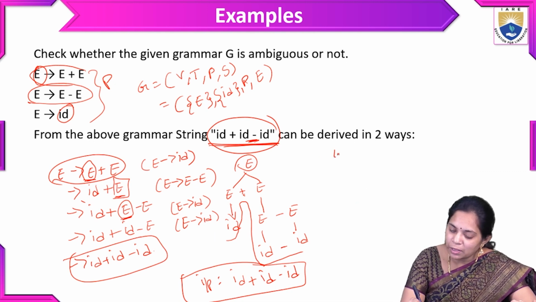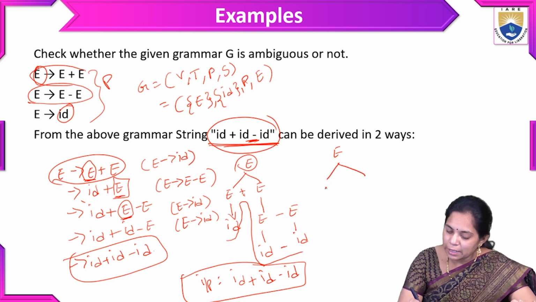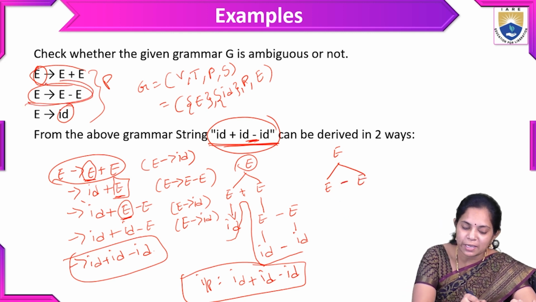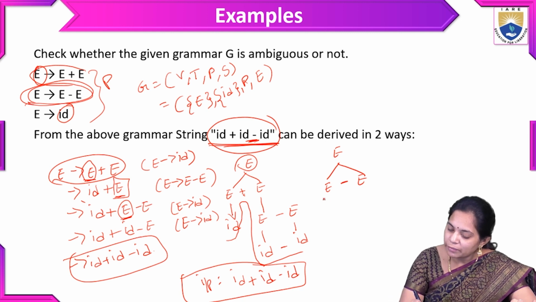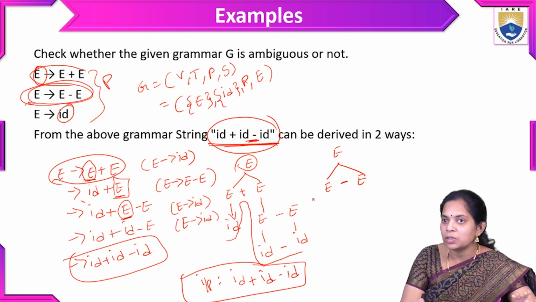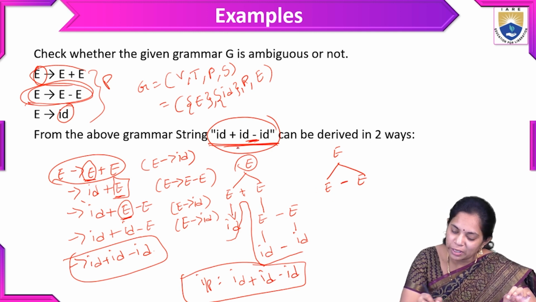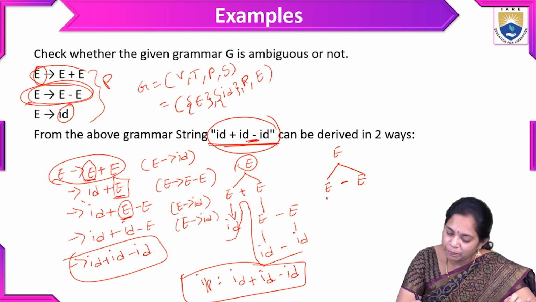And here let me write another derivation also. Here we take E plus E minus E. We will take this production rule, so E minus E we will take. Again we will form one more derivation tree. Here we can write the rightmost derivation.